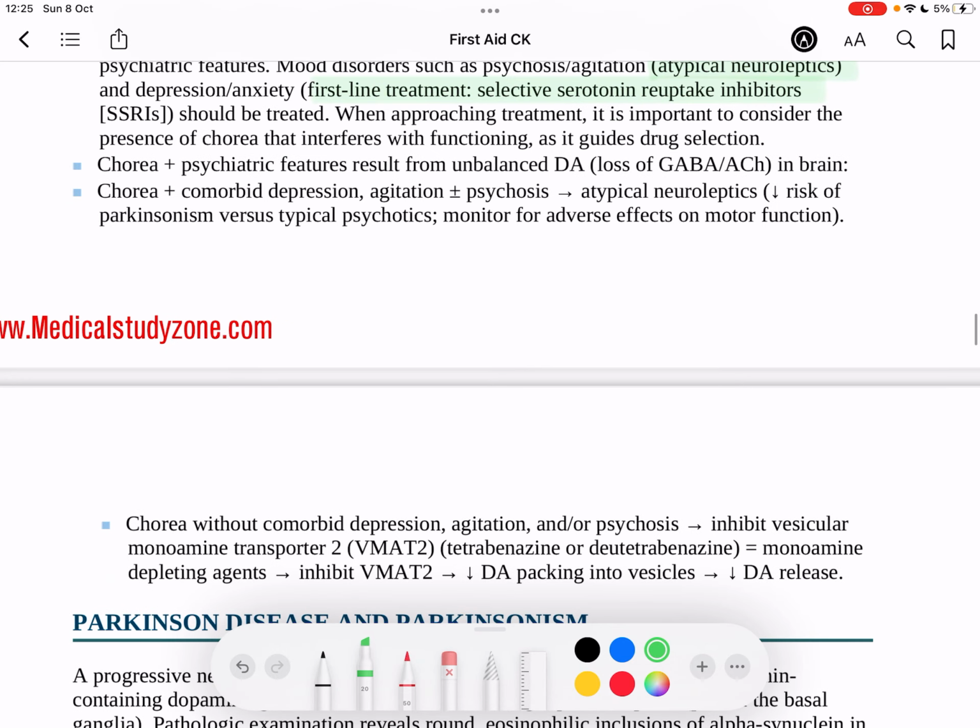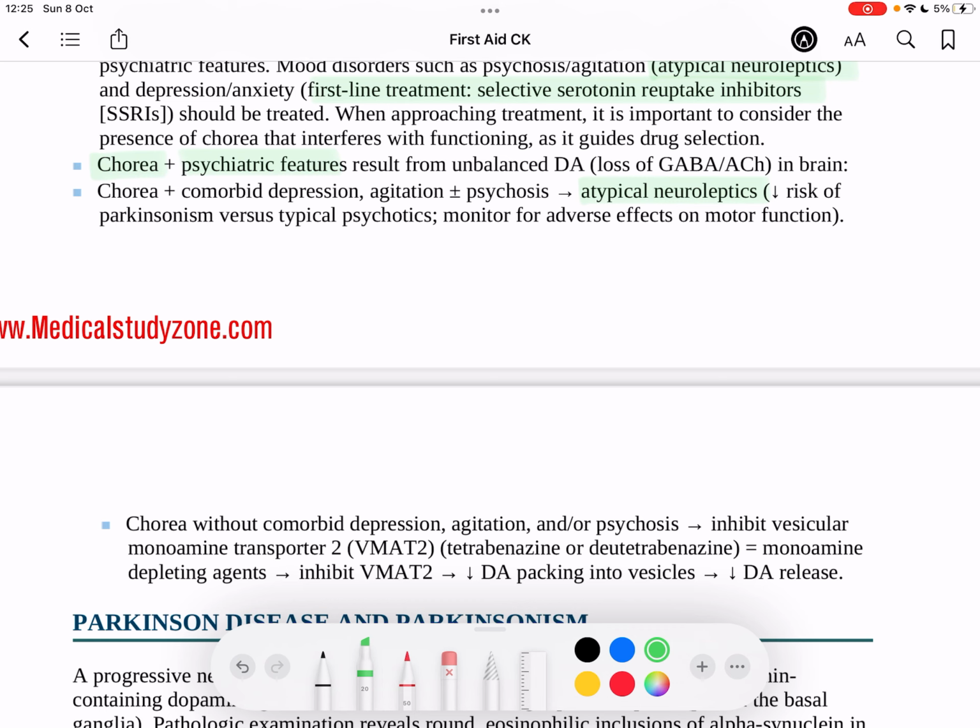So, if a patient has chorea, those motor symptoms, plus psychiatric features because of the unbalanced dopamine in the brain, then we can give atypical neuroleptics, okay? That's going to decrease the risk of Parkinsonisms versus typical antipsychotics.